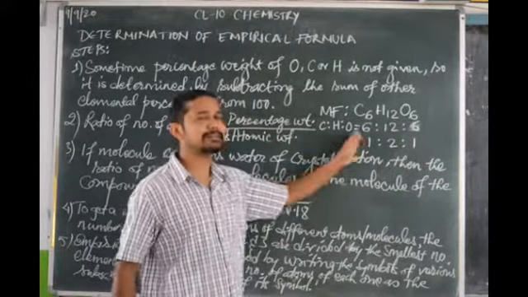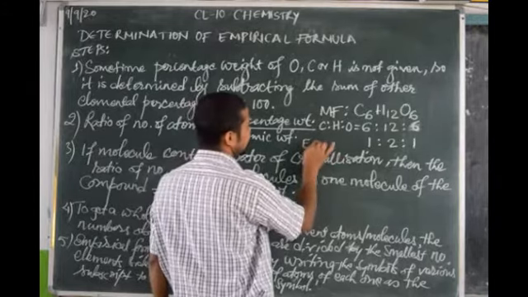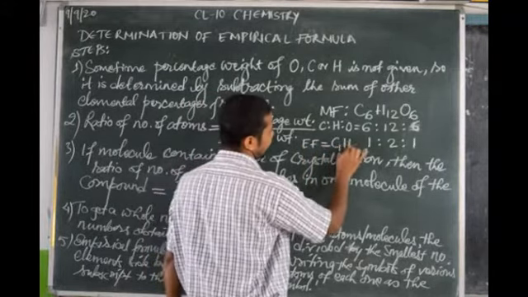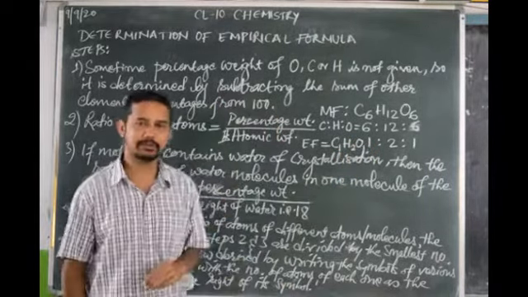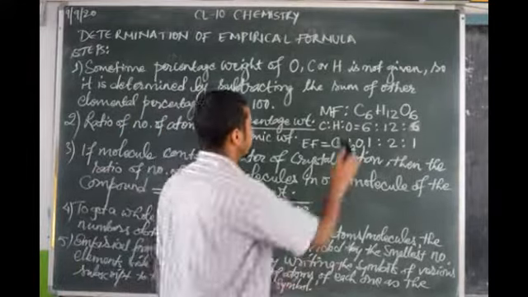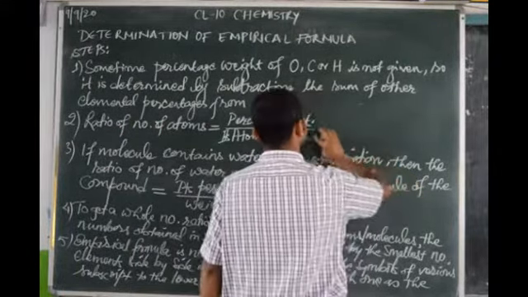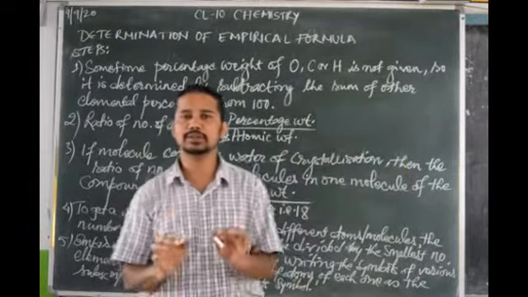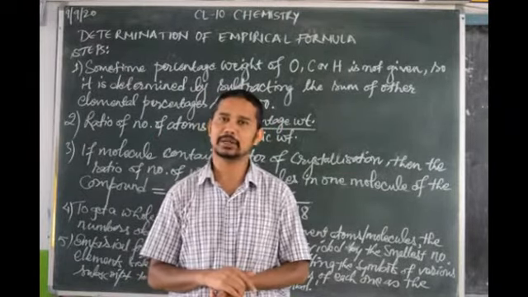So this is the simplest whole number ratio. That means its empirical formula will be C1H2O1. So I think you understood what empirical formula is: the simplest whole number ratio of atoms of elements in a molecule.